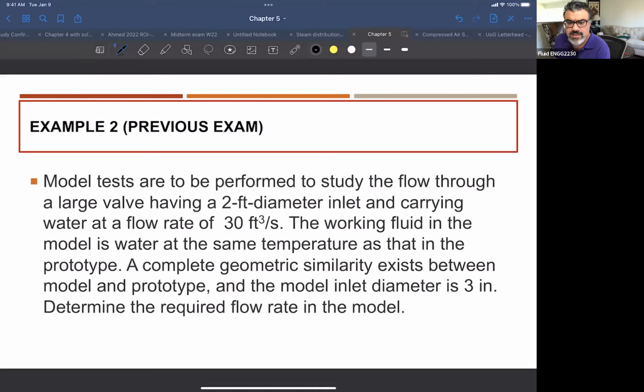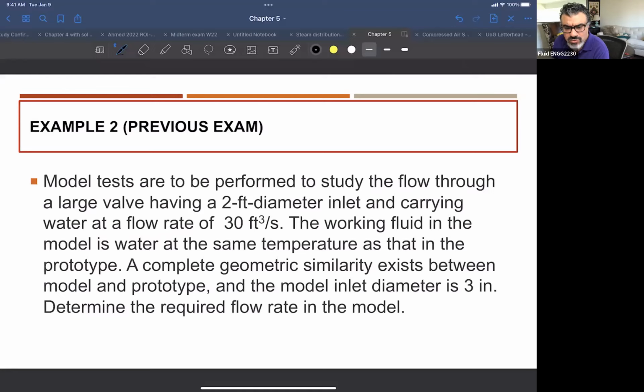Of course, you are not going to test the full scale, because the valve will be installed in a city, like a main pipeline carrying water in the city, which means that in order to test this valve at full scale, you have to really build a scale of a city, or a big huge pipe, to test this.